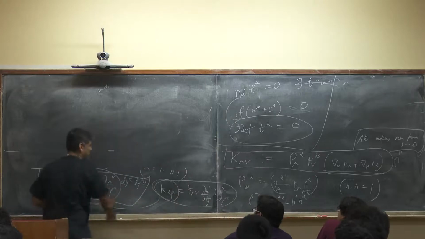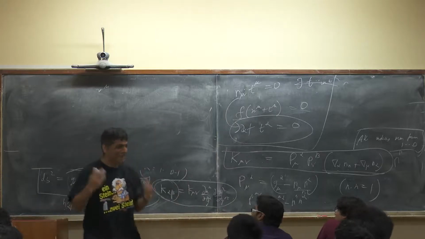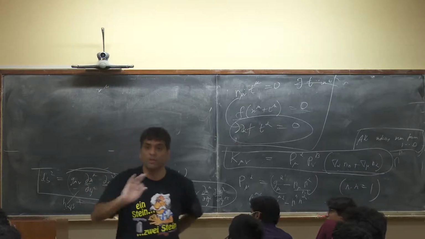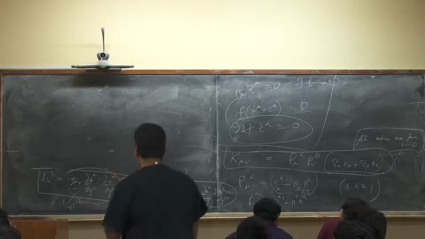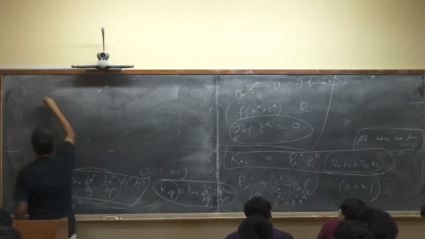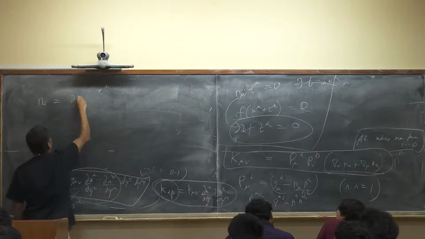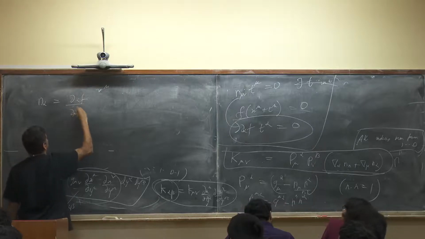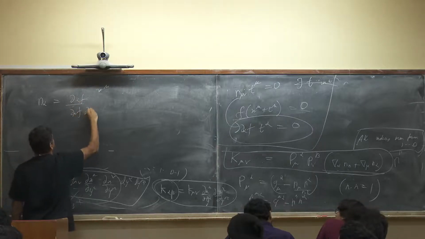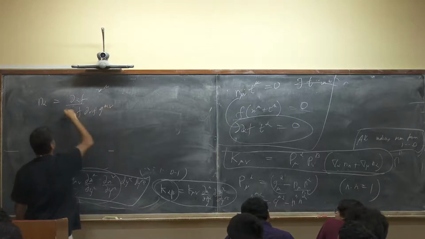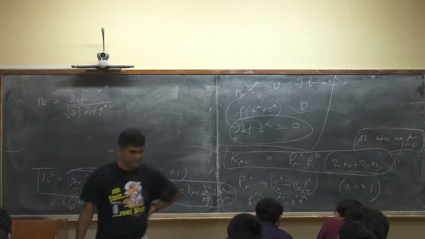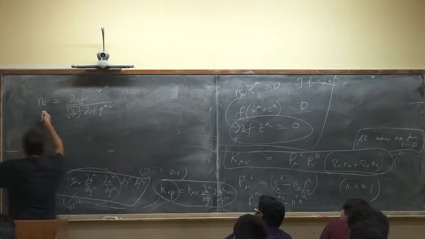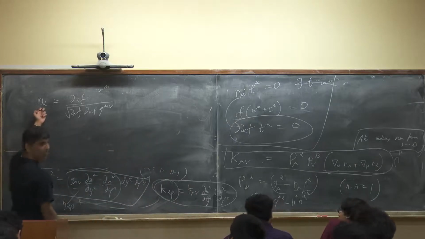If you want to, we're getting more mathematics, but let's try to do this more carefully, including the normalization. So n_α is ∂_α f divided by (∂_μ f ∂^μ f) to some power, with the factor ω.